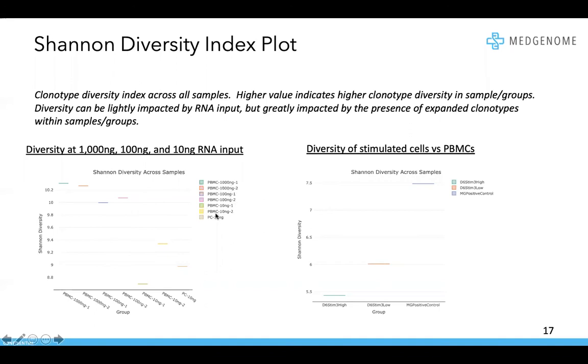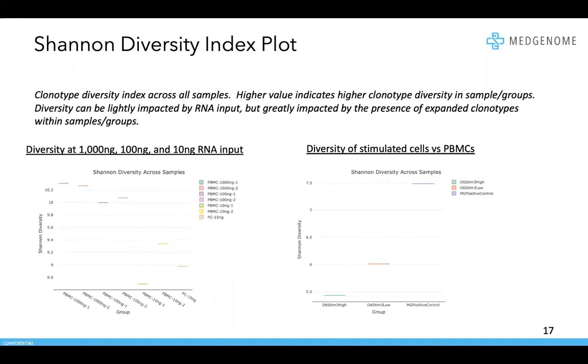the same PBMC sample, and different inputs were used: 10 nanograms, 100 nanograms, or 1,000 nanograms of RNA. It was done in duplicate, and a separate sample, a positive control, was also used with 10 nanograms. The takeaway here is that using the exact same sample, the more input you use, the more diverse the sample is.